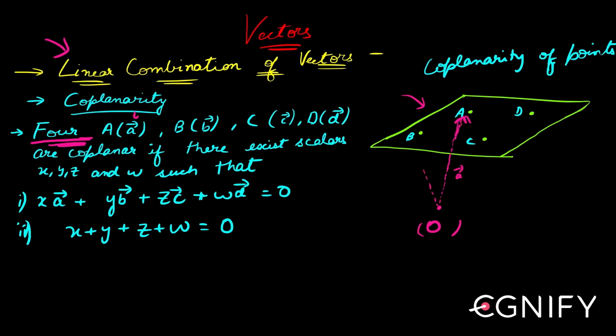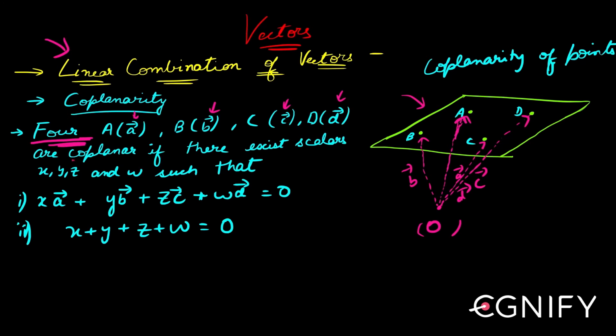The one which is going from the origin to B is small b bar, right? The one which is going from the origin to C is small c bar, and the one going from the origin to D is your small d bar. So this is what I mean by small a bar, small b bar, small c bar, small d bar, right?